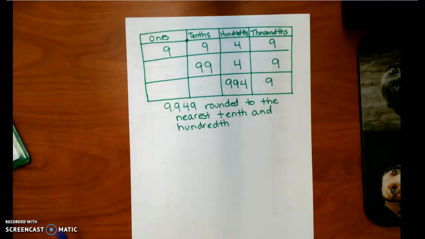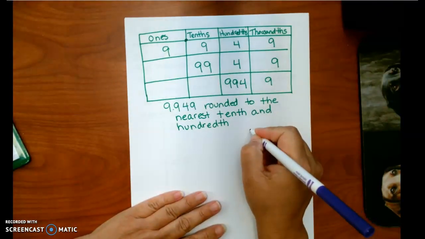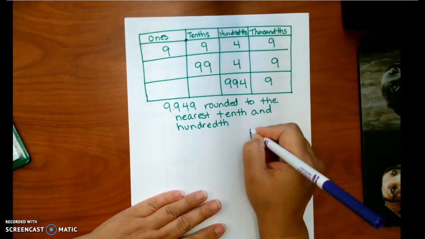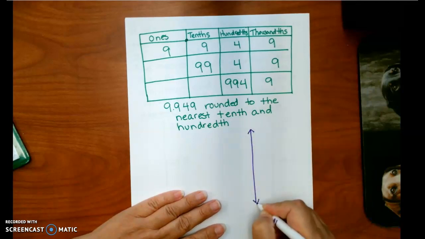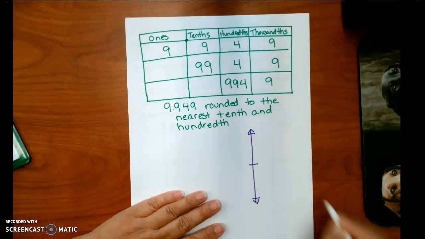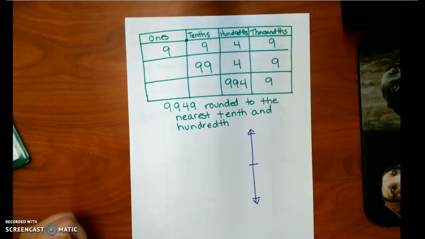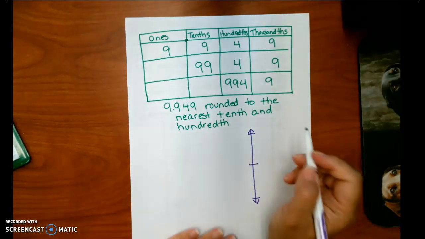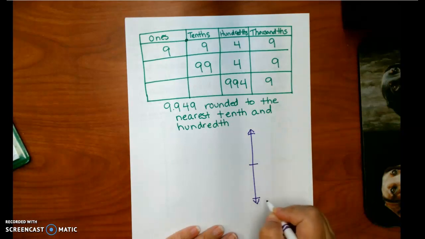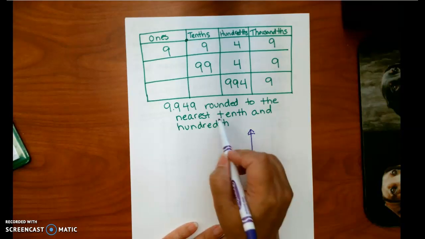Okay, so if I'm going to show my work on a number line, first, we're going to round to the nearest hundredth. Remember, our vertical number line has 3 points on it. I'm going to round to the nearest tenth first.